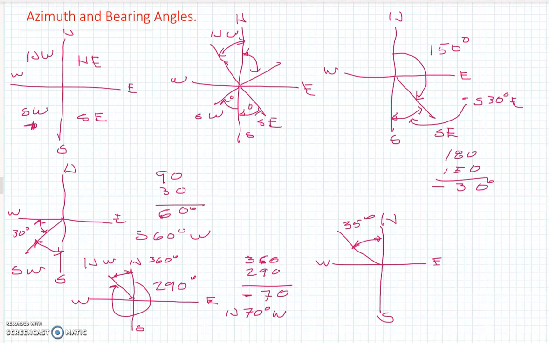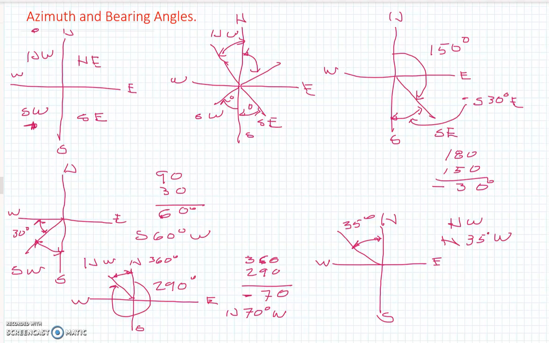Your bearing will be in which quadrant? You look over here, in the northwest quadrant. And you don't need to do anything because they already give this, so you just put the letters there, north and west. It will be north 35 degrees west, okay?